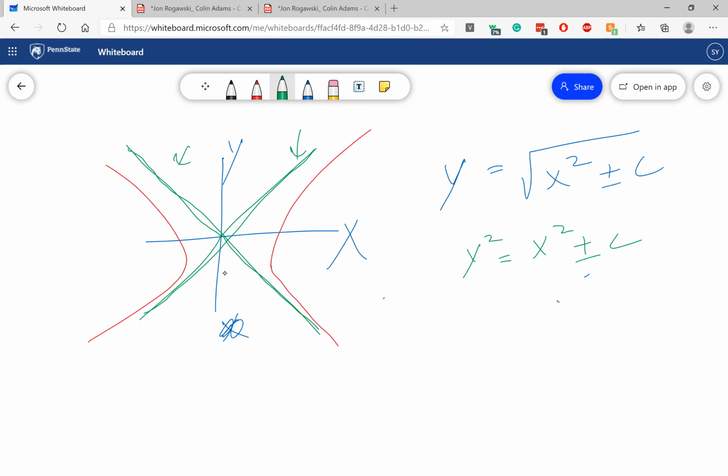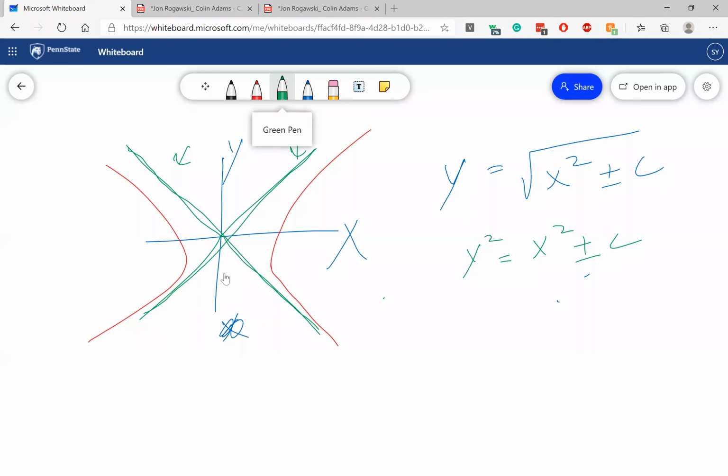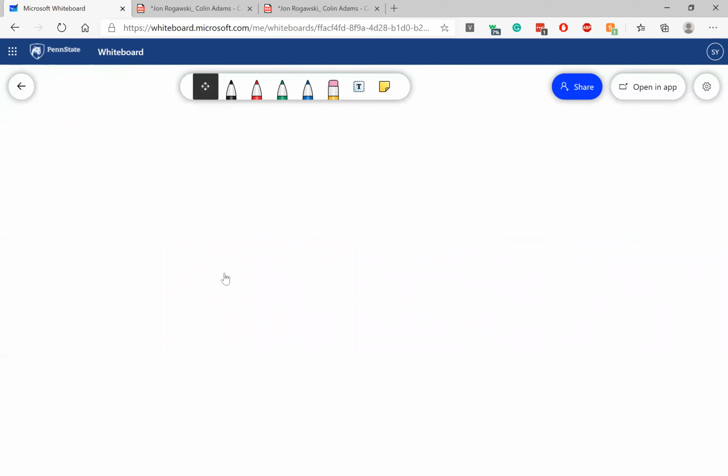Okay. So they ask us, without referring back to the formulas, use the traces to determine and graph the quadratic surface given by x squared plus 2z squared minus y squared is equal to 0. So let's do that.